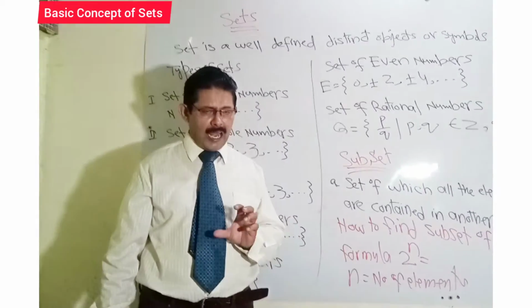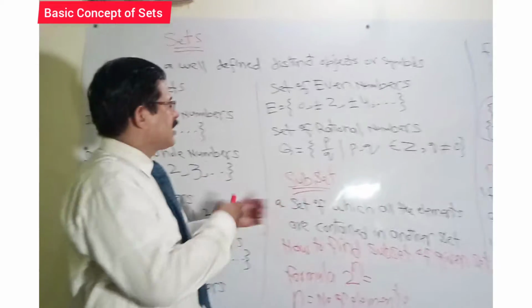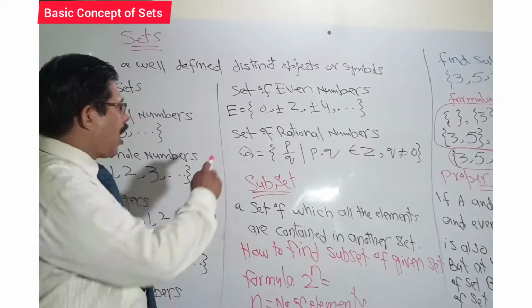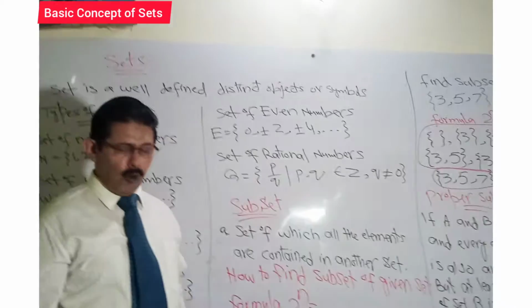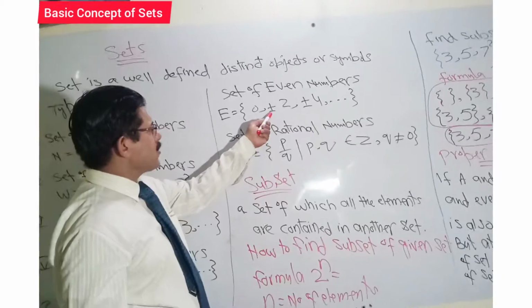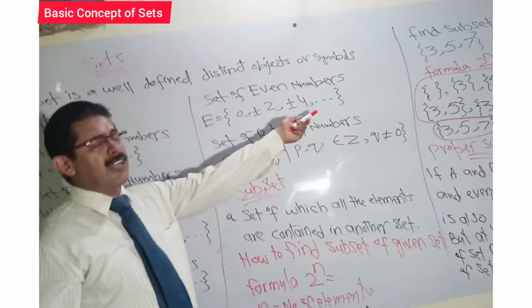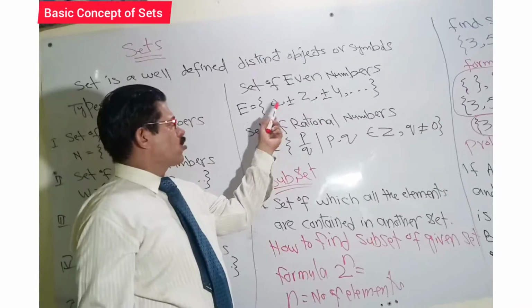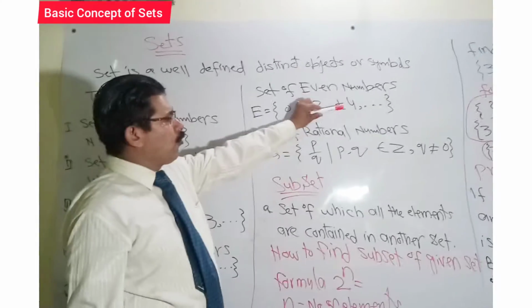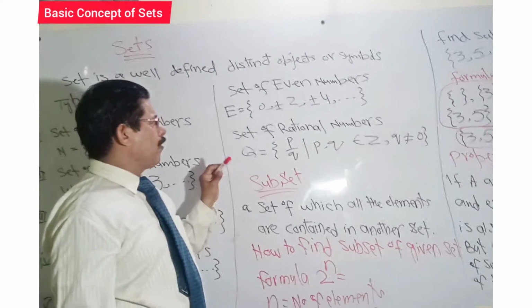So we call them odd numbers. But if we mention the set of even numbers, we start with 0, and both positive and negative values are found: 0, plus 2, minus 2, plus 4, minus 4, plus 6, minus 6, and so on. A set in which numbers are fully divisible by 2 is known as the set of even numbers.